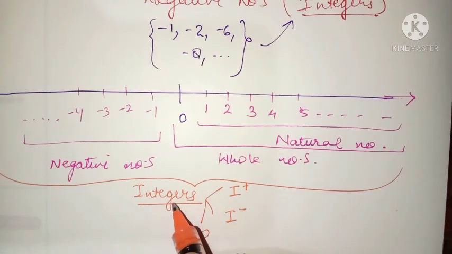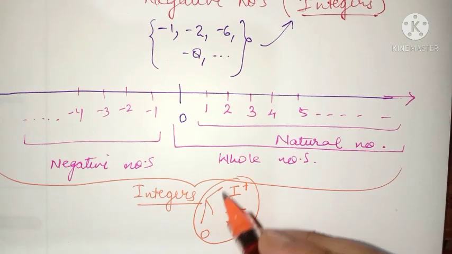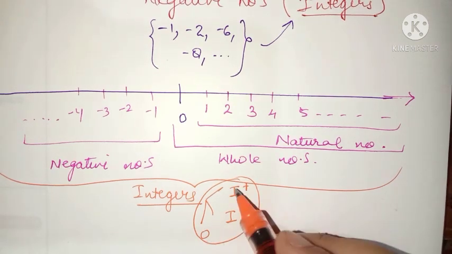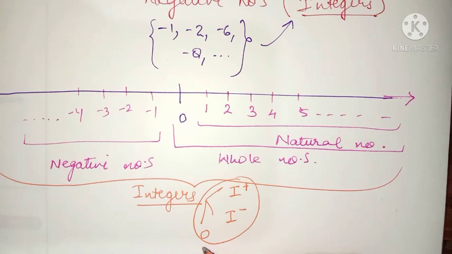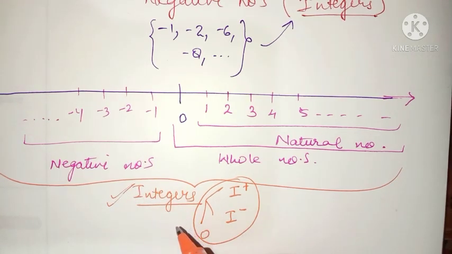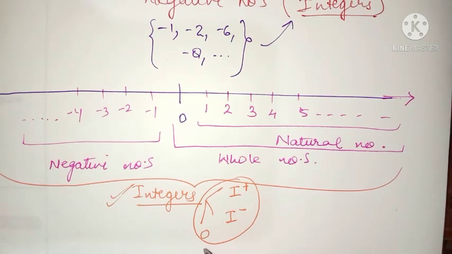It is the consolidation of all these numbers. When all these numbers, positive, negative and 0, are combined, we say it forms a set, which is the set of integers. For now, you need to understand that simply integers are the positive numbers, the negative numbers and 0.